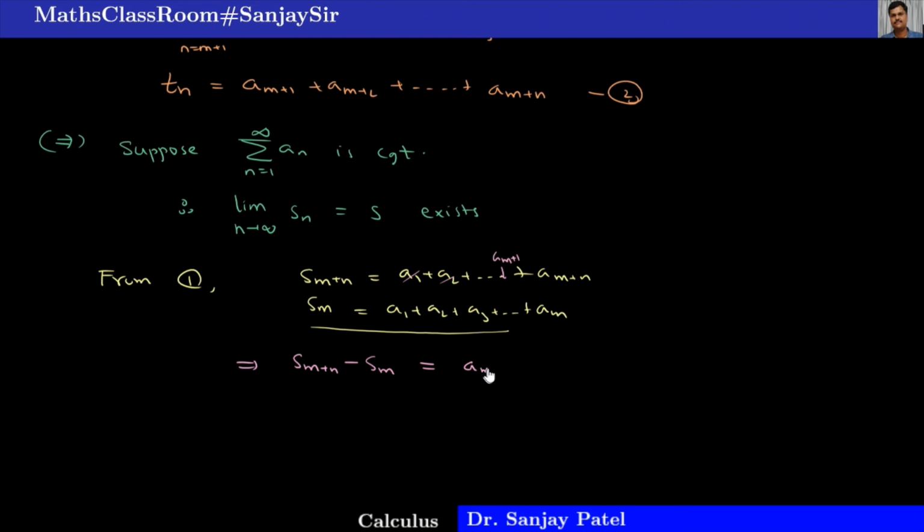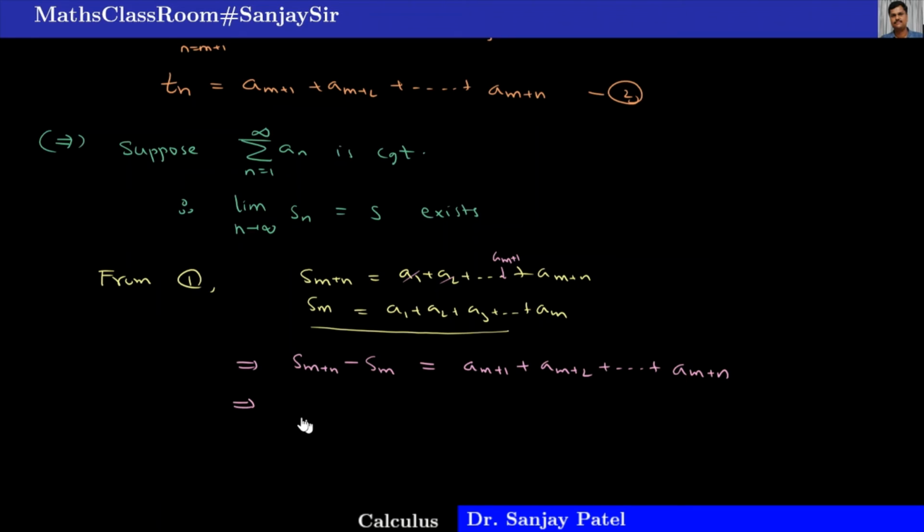So we'll be having am plus 1 plus am plus 2 plus and so on plus am plus n. Just note that the first m terms will be cancelled, and then we'll get the sum of the remaining terms from the first Sm plus n. But what is this? It is nothing but 2.